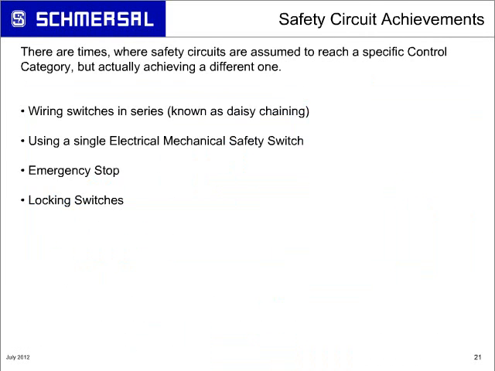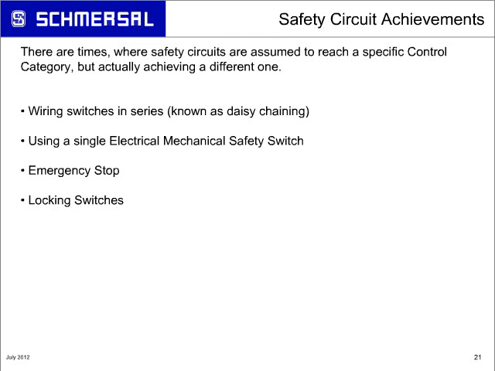Now, when we look at some different examples of safety circuits related to a specific category, similar components and how you use them can actually achieve different safety circuit control categories. We talked about one of them, the second point here, using a single electromechanical safety switch.